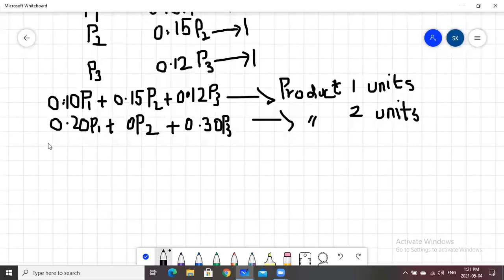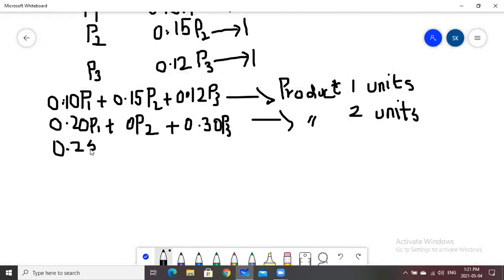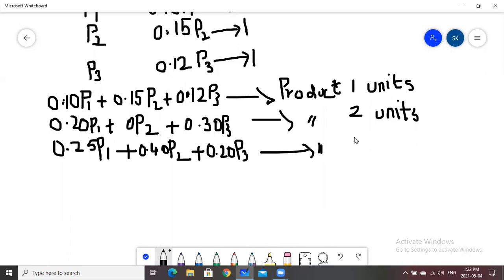Now similarly we will have 0.25 P1 plus 0.40 P2, and in the end we will have 0.20 P3. These are the product 3 units.